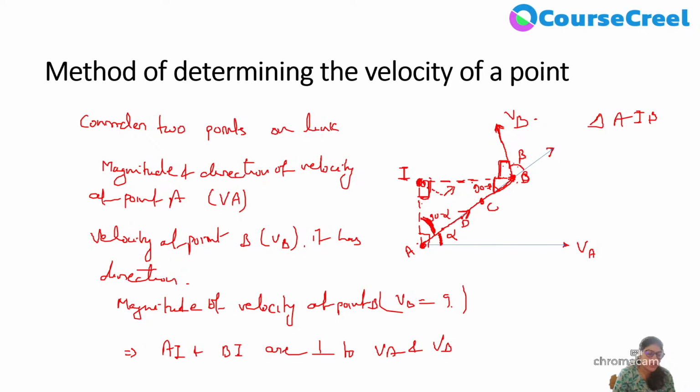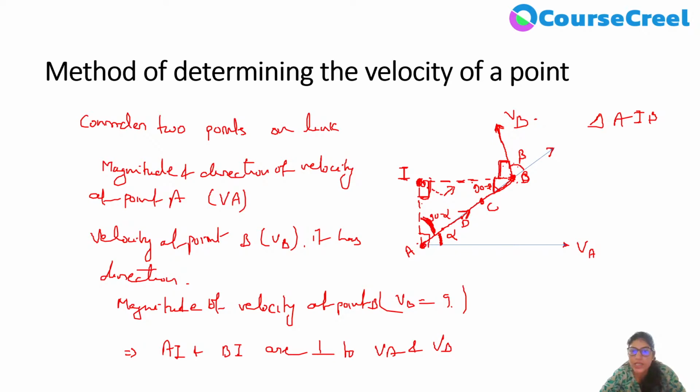Two rigid links will not have linear velocity if we are considering the instantaneous center. It should have some amount of rotation if we want to find the instantaneous center. Instantaneous center completely depends on rotation.